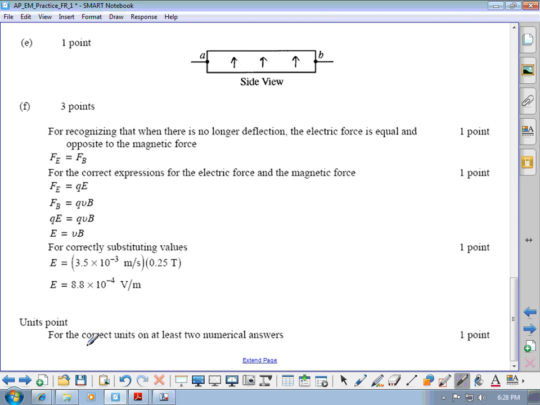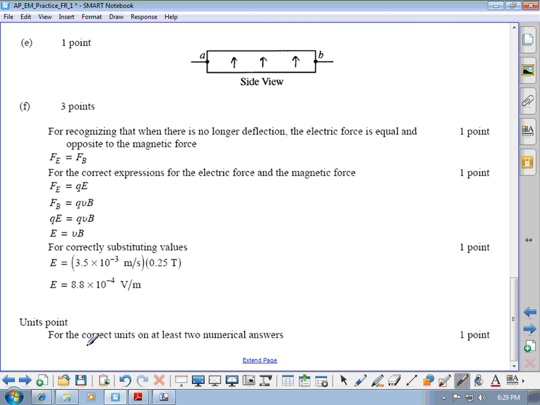For some, if you have any one unit that's wrong, they will take off points. And sometimes it says correct units on all numerical answers. So it's however they decided to do it that year. You never know, so make sure that you include units on all of your answers.